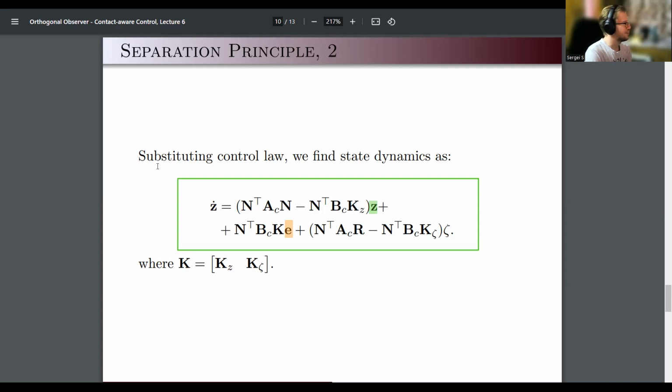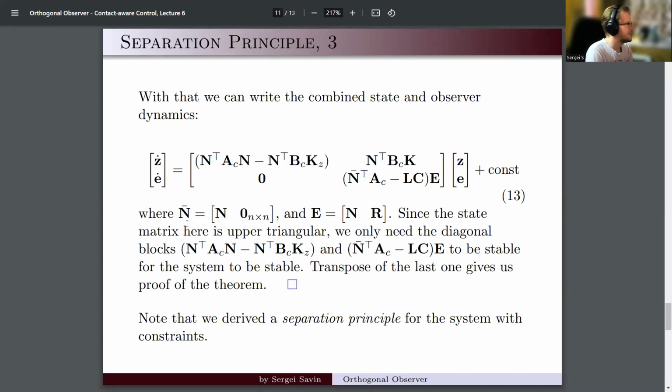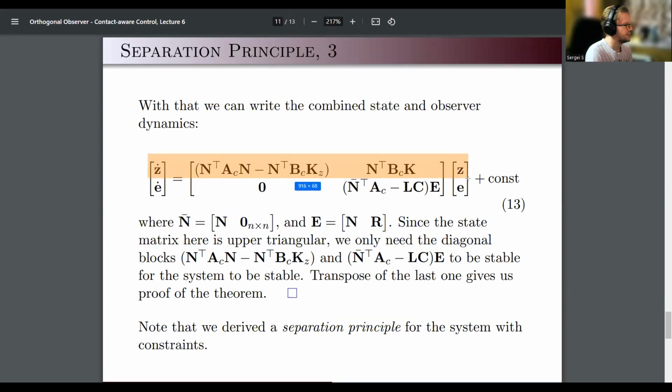Now to the last step. The last step is to write them together. When we write them together, here is a description of the dynamics, right? So let me show. Z dot equals this matrix times Z. So this is the state variable depending on itself, right?